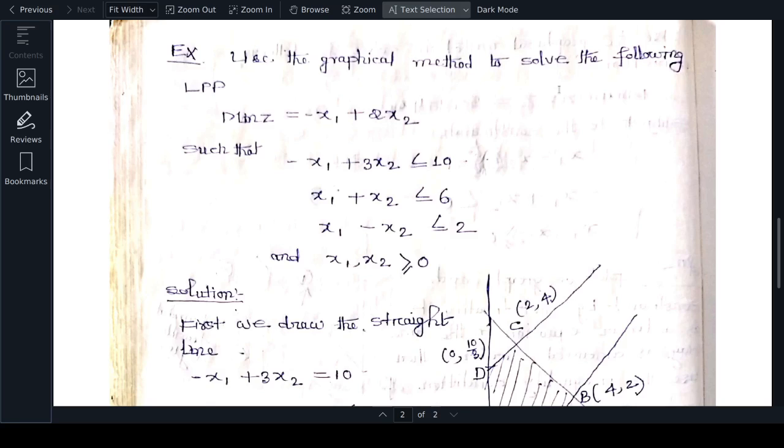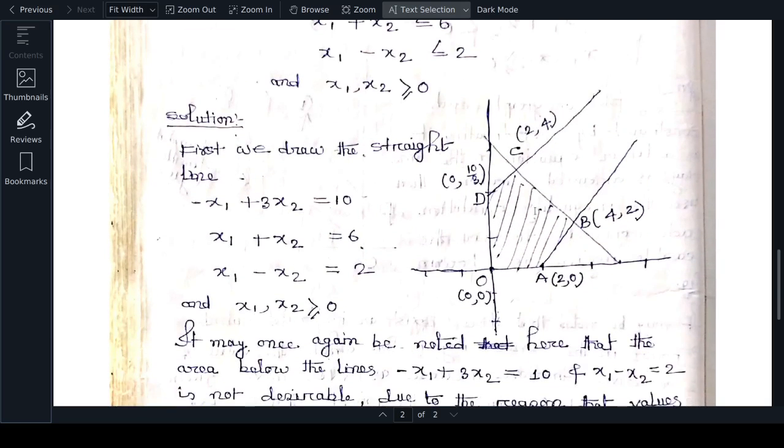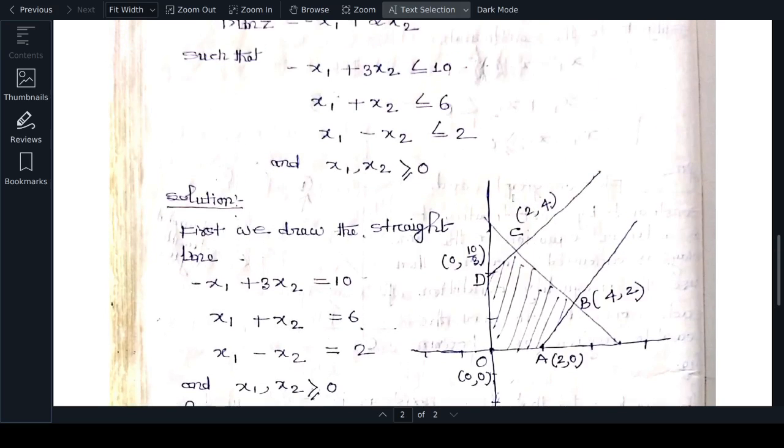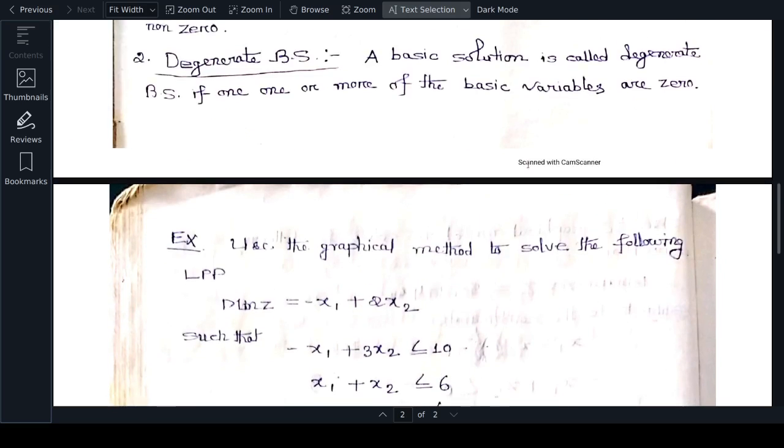Arbaj, x1 minus x2 less than or equal to 0. Write the equation down if needed. This equation represents what?